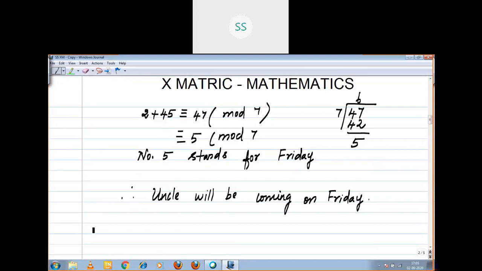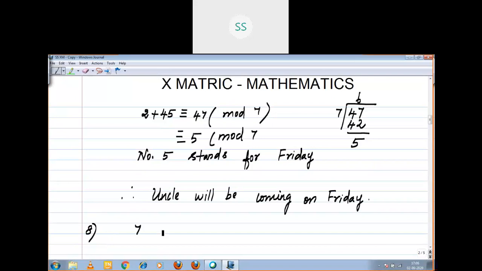Now, question number 8. Based on the question, we are going to modify the statement. Prove that 2 power n plus 6 into 9 power n is always divisible by 7 for any positive integer n.